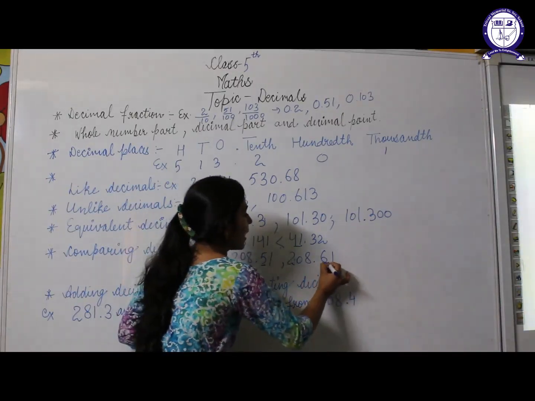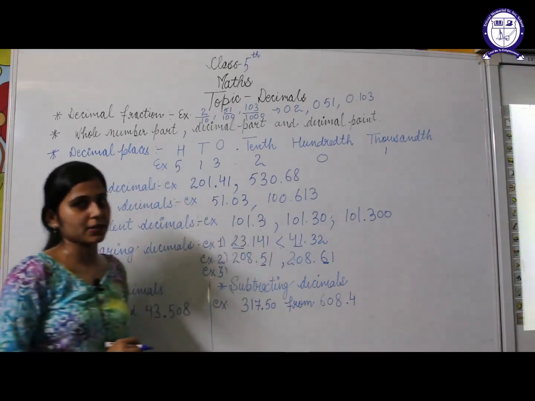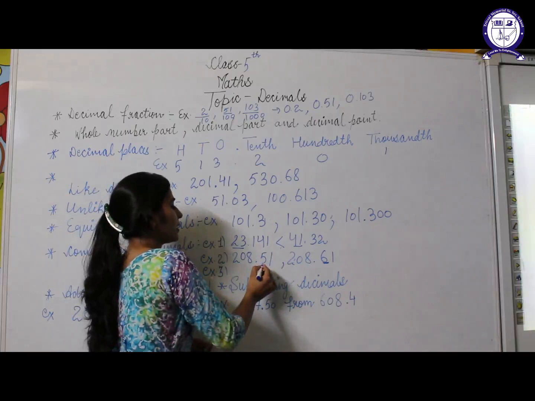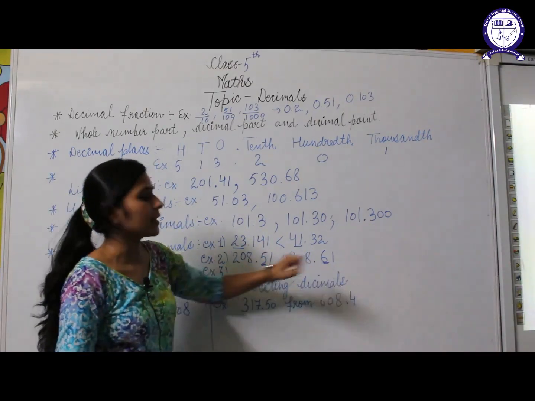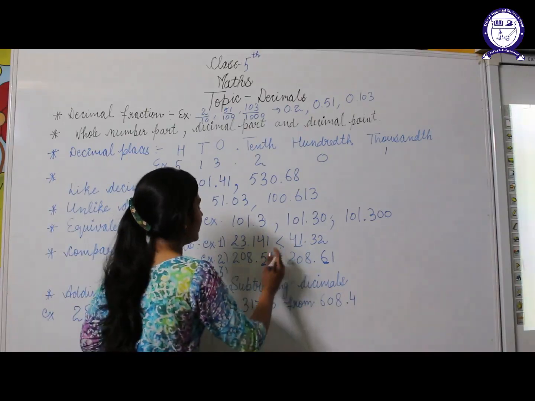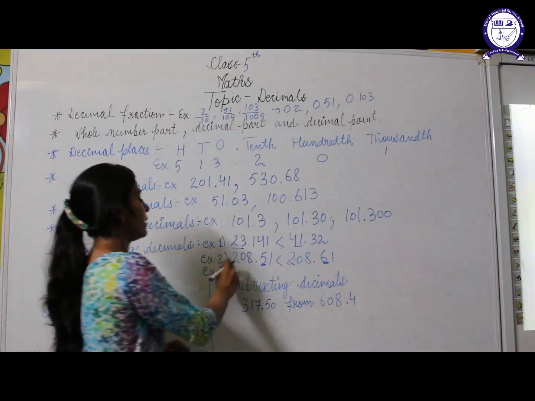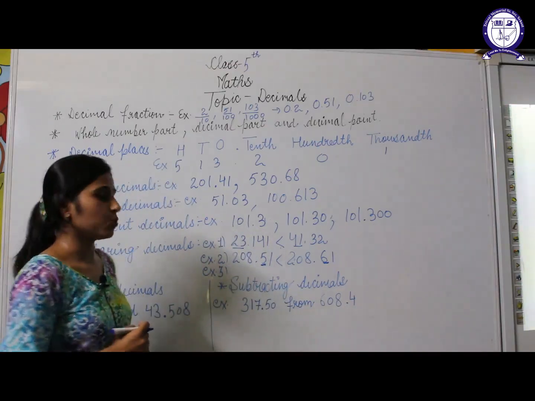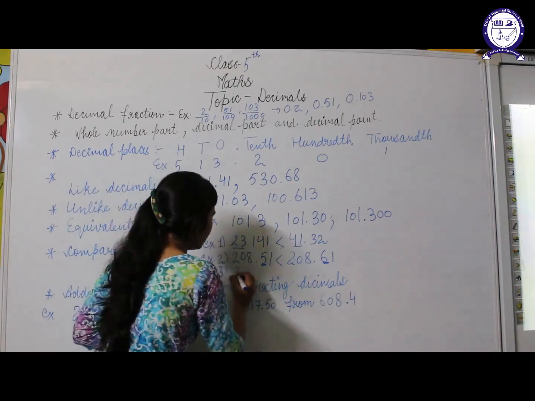Now in the decimal part, first we will compare the tenths place digit, then we will compare the hundredths place digit. Now in this example, we compare the tenths place, as the tenths place is greater in that number, that is 6. So this will be greater than this number. So 208.61 will be greater than 208.51, student. And if the tenths place is the same, students, then what will we do?